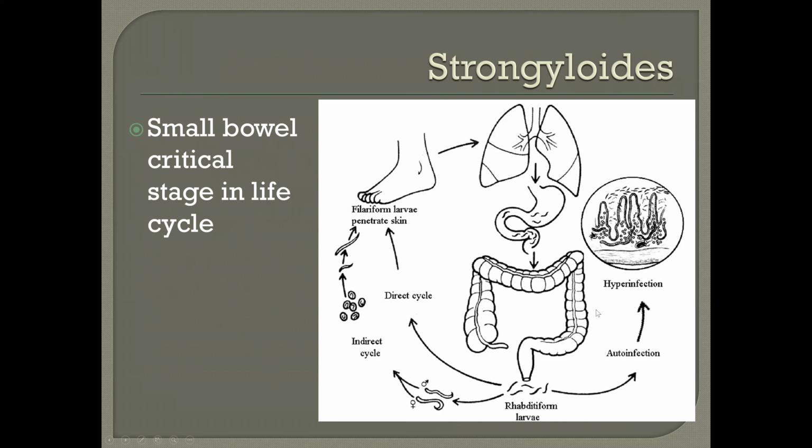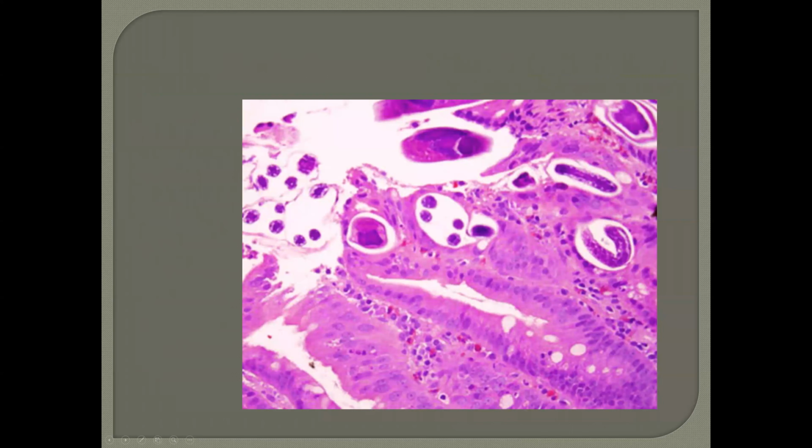What becomes critical is if you get autoinfection, if you get the cycle going through here, they can become potentially invasive. And here's a nice image of what these look like in the small bowel. Lots of little larvae and parasite bodies structured in various coiled degrees within the crypts and sometimes within the epithelium. It's when these patients are treated with immunosuppressives that these filariform larvae get hyperactive and become invasive.